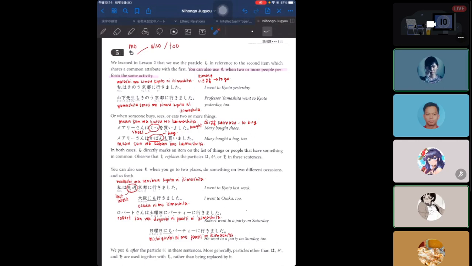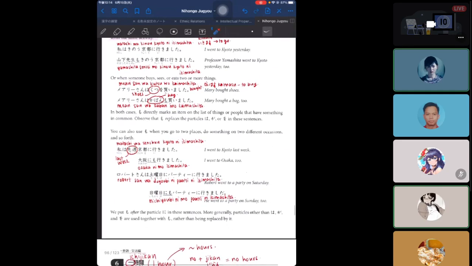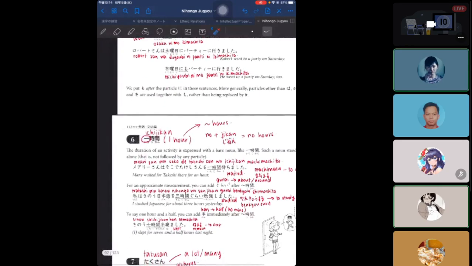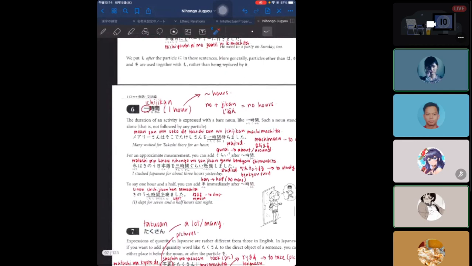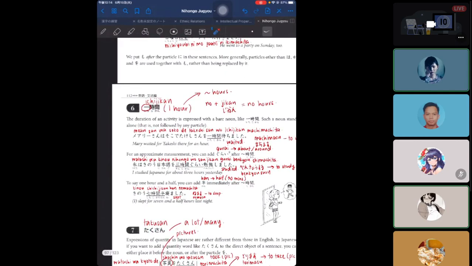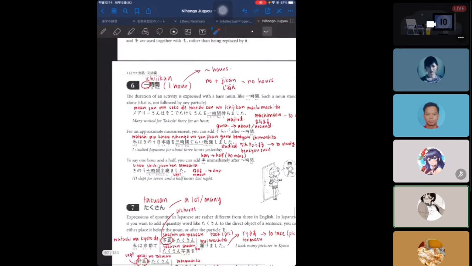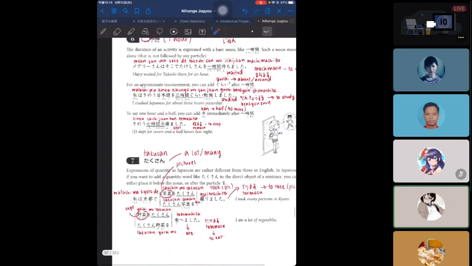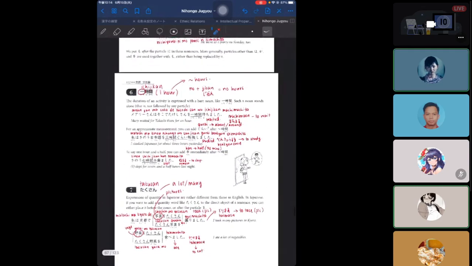You have to use the phrase first: 大阪にも行きました。 It'll be a bit weird otherwise, because people will be confused. Then, any question for this one?